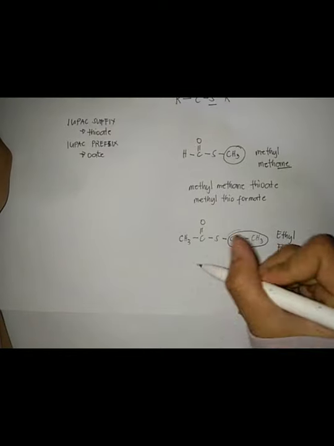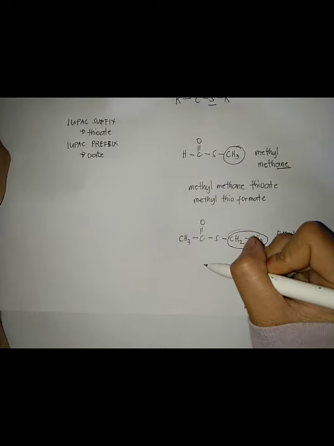So the IUPAC name of this compound is ethyl ethane thioate. And the common name of this compound is ethyl thioacetate. So that's all. Thank you.